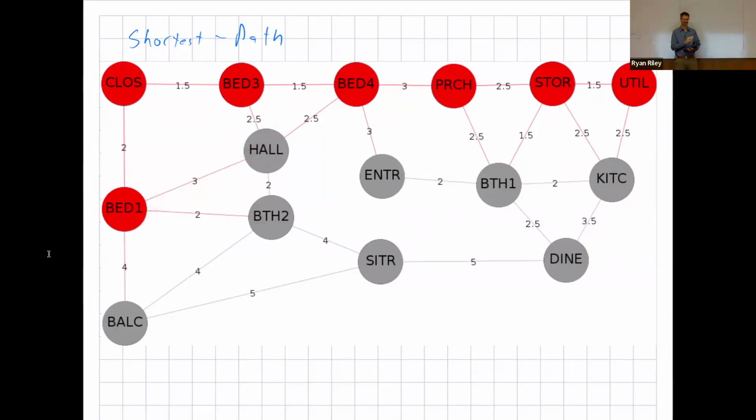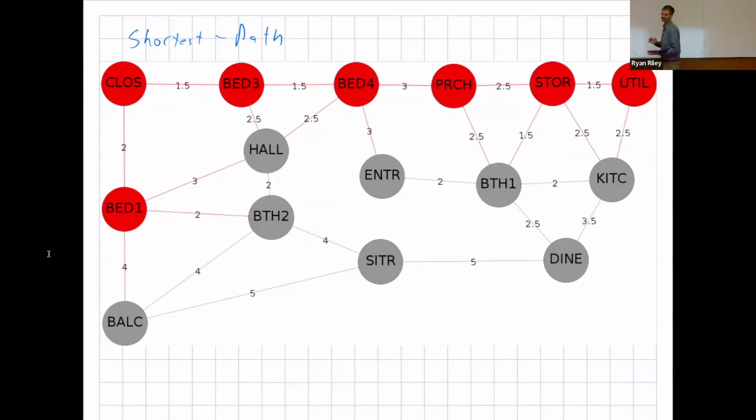This is a real vague intuition I'm trying to give you. But the key observation here is that if I want to know the shortest path from utility to bedroom, I need to know the shortest path from utility to everywhere. And then using that information, I can ultimately find the shortest path to the bedroom. You'll see as we run the algorithm what I mean by this.